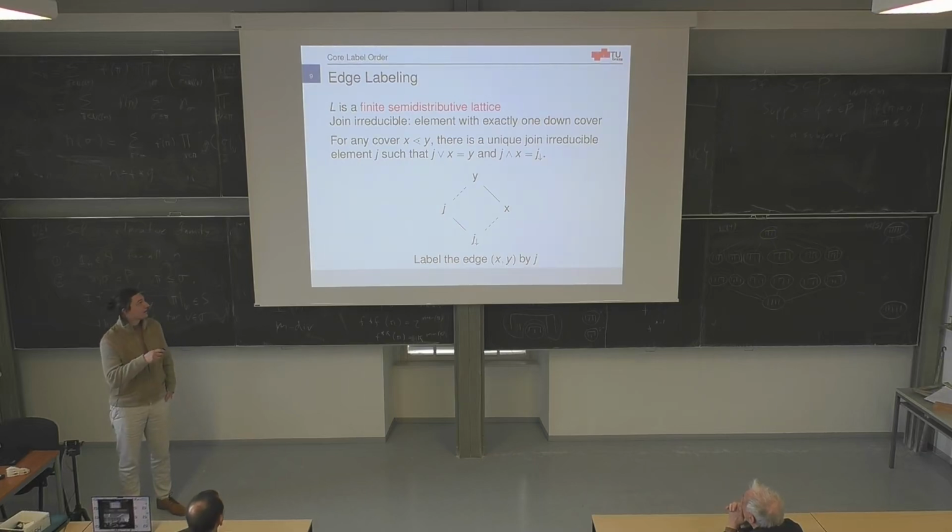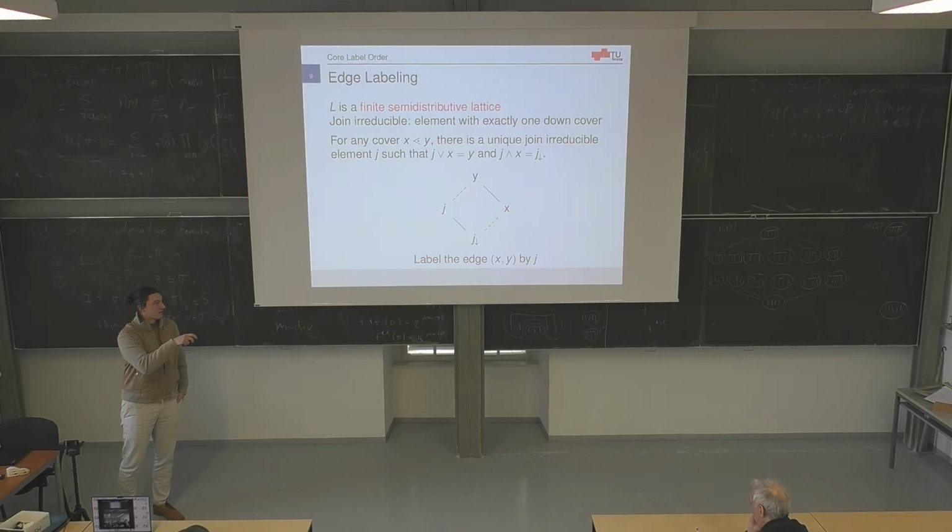So we are having a finite semi-distributive lattice, and the join irreducible elements of the lattice are exactly the elements that have a unique down cover. So if J is a join irreducible one, then it has exactly one down cover. I'm writing it as J down.